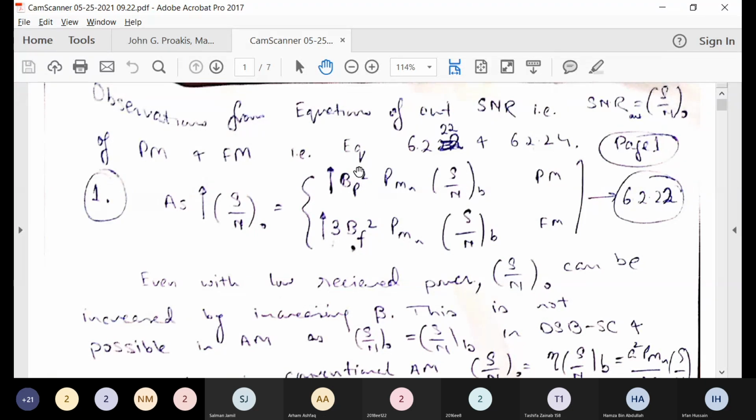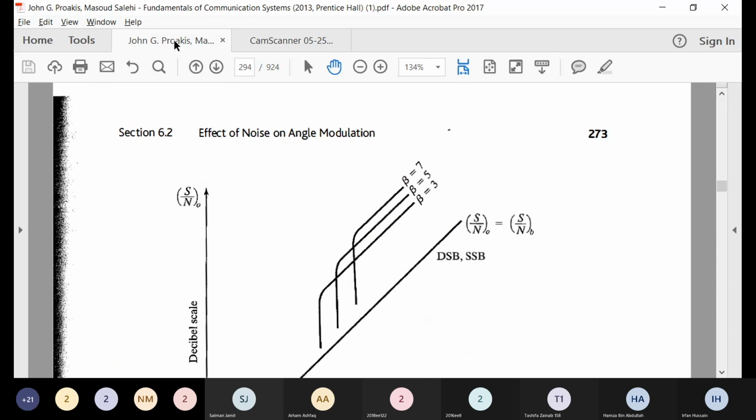So it is giving you more value than the signal to noise ratio at the baseband level because you are multiplying this with beta P_M_N square. This will be definitely greater than the simple signal to noise ratio at the baseband level. Or you could also talk in terms of dBs. So you could see that for FM or PM systems, you are getting a greater value of signal to noise ratio at the output as compared to the baseband level. But in DSB and SSB, you're getting a straight line, they are both equal. But here, they will be greater.